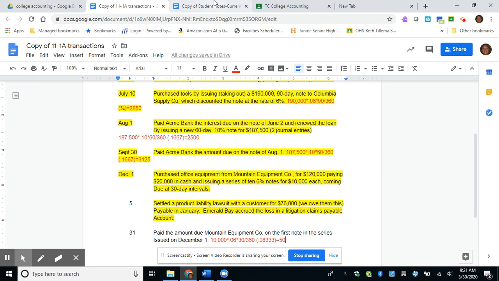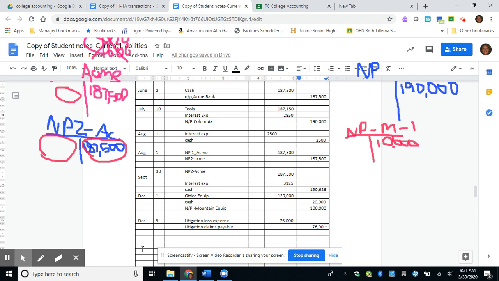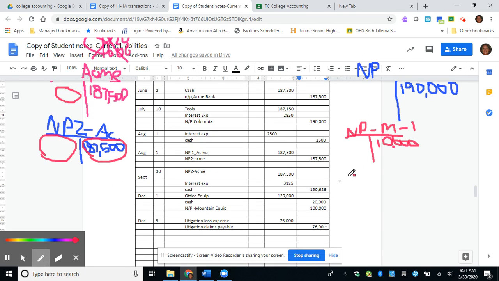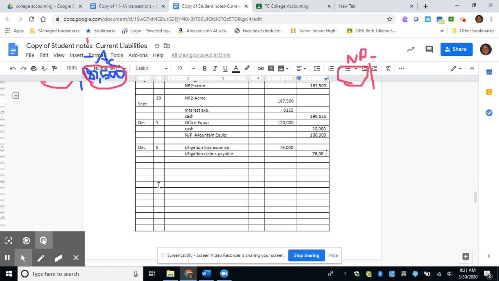So I'm going to pay off this first note. So I've got to get rid of my notes payable here. In order to do that, it's going to be a debit. So the date is December 31st, and this is going to be notes payable to Mountain.